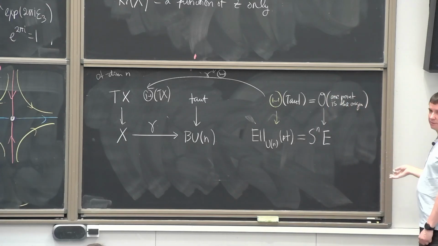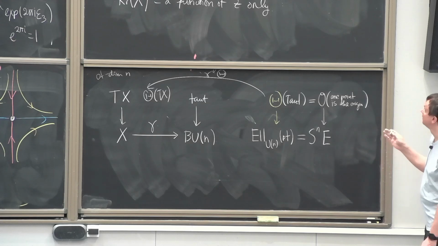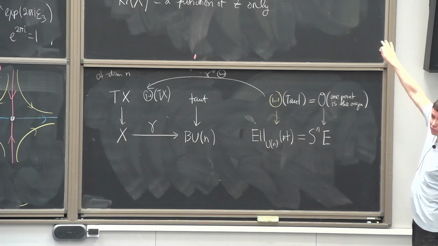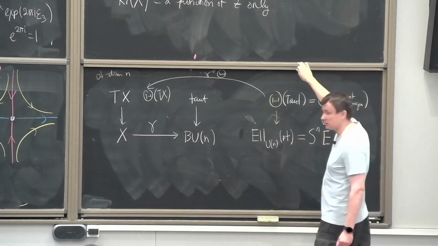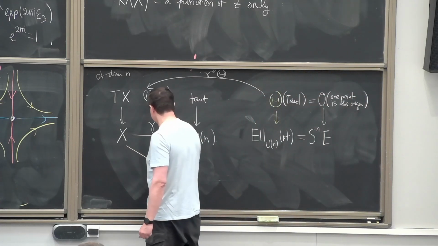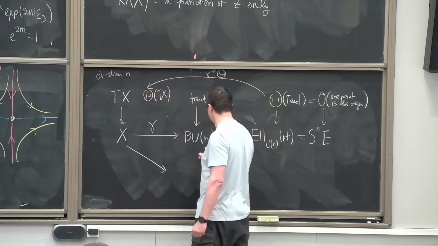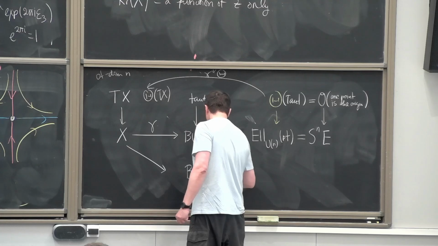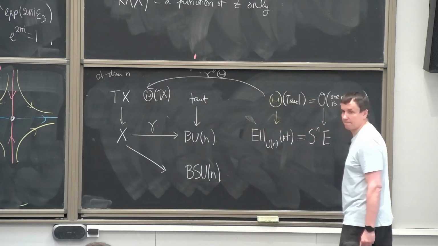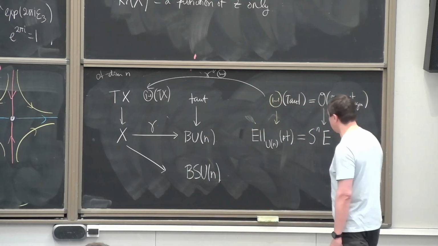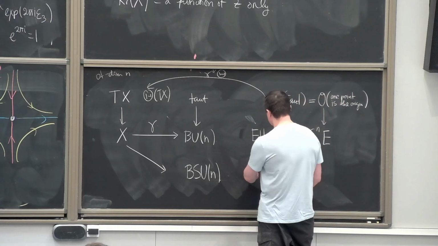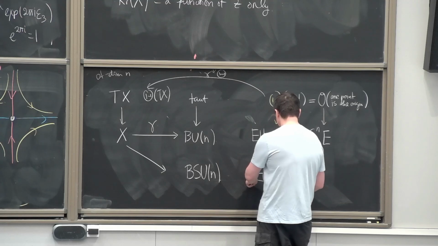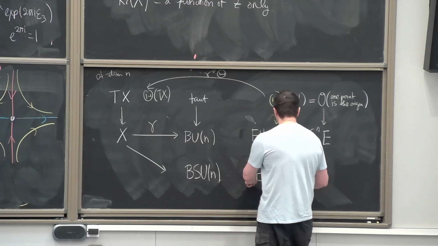What does it mean that the first Chern class of my bundle is 0? That means that my Gauss map, instead of pulling back from BU, I'm going to BSU. Then what does this mean concretely? Then inside here, I have elliptic cohomology of SU over a point, which is what?